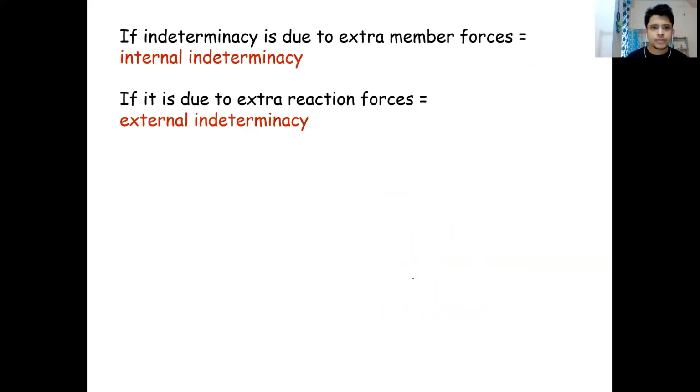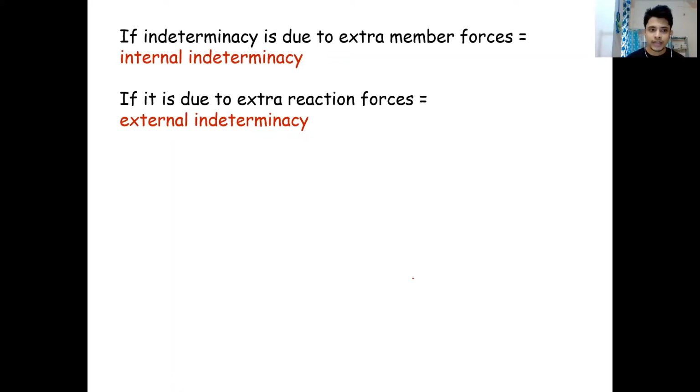Now there are two types of indeterminacy. One is internal indeterminacy and one is external indeterminacy. If we have a truss system where there are extra members than required for a balanced or stable structural system, then we have an internal indeterminacy because we have an extra member than required.